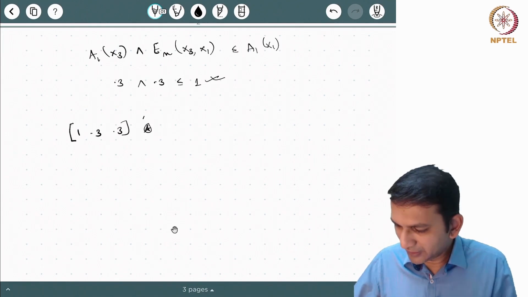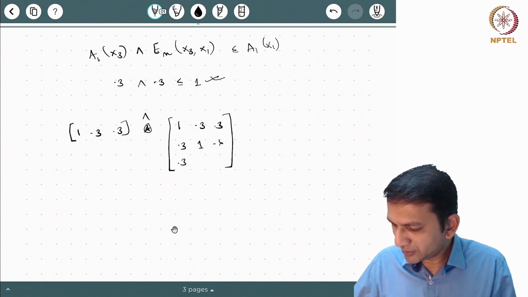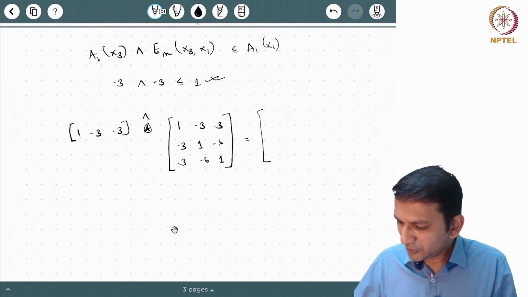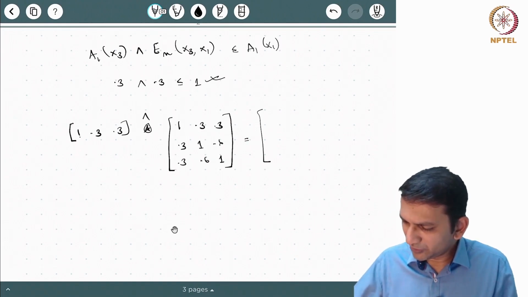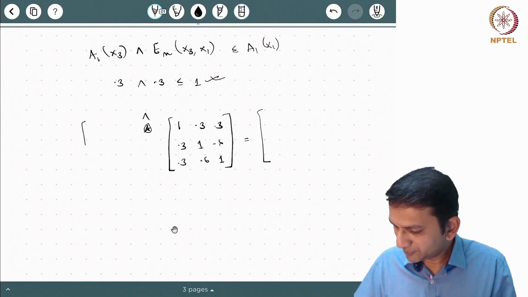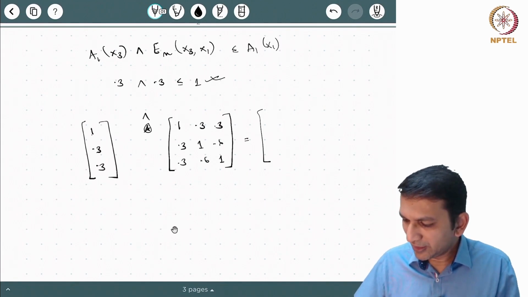Let's put Em here, which is (1, 0.3, 0.3), (0.3, 1, 0.6), and let's take each of these and multiply with the corresponding row. So perhaps it is easier to write it as a column vector, (1, 0.3, 0.3). Now all we are going to do is take 1 and multiply with this, because this is x1 for us.